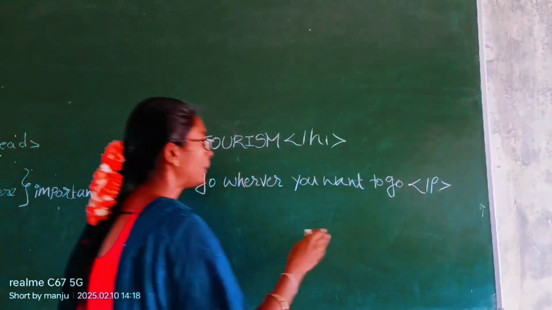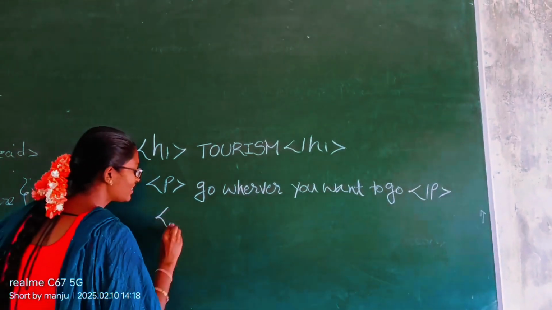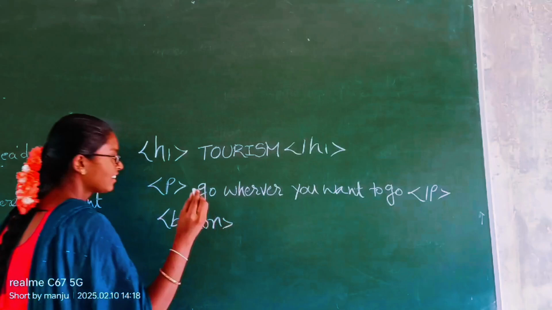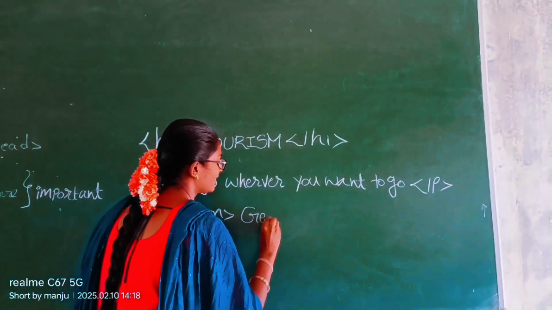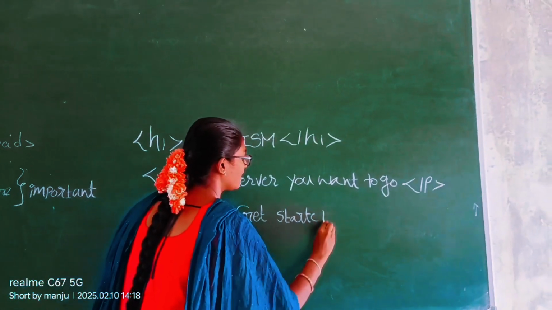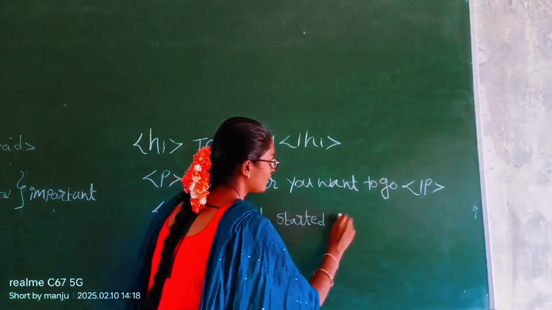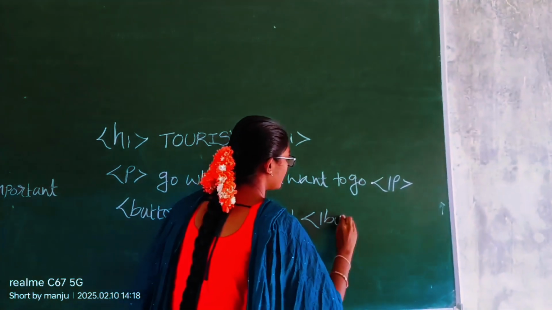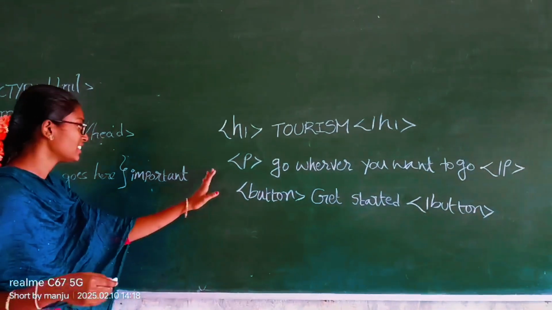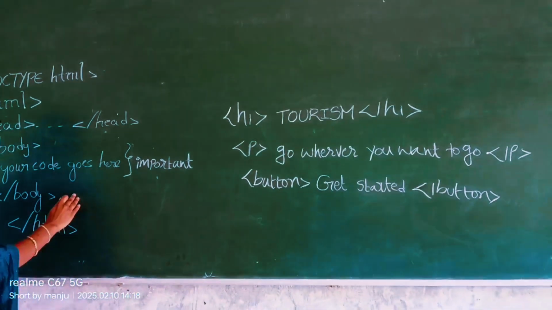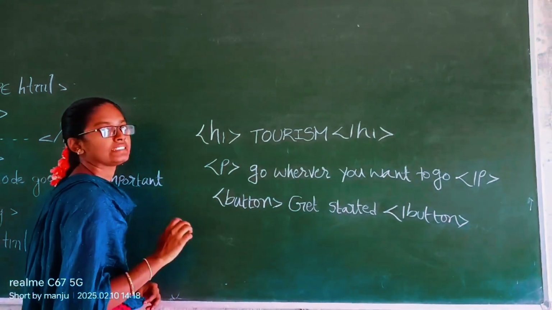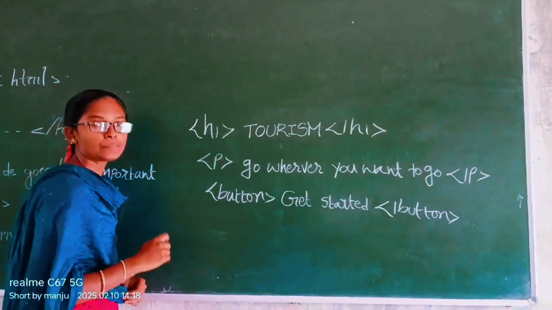This will be the paragraph tag, and for a button: get started. If we write this code in this body part, we will get the header, paragraph and button elements simultaneously. This will be the basic program in HTML.